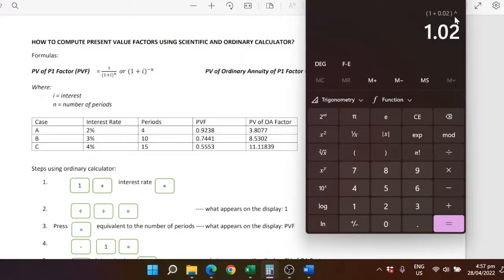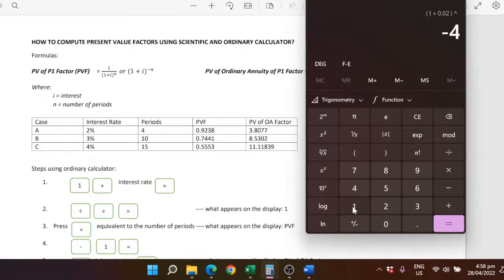You can press that one, and then press the plus negative sign in your calculator if you have that. For this laptop calculator, it needs to press first the number before the plus and minus sign to make the exponent negative. So I will press first the exponent, which is 4, and then press plus negative.